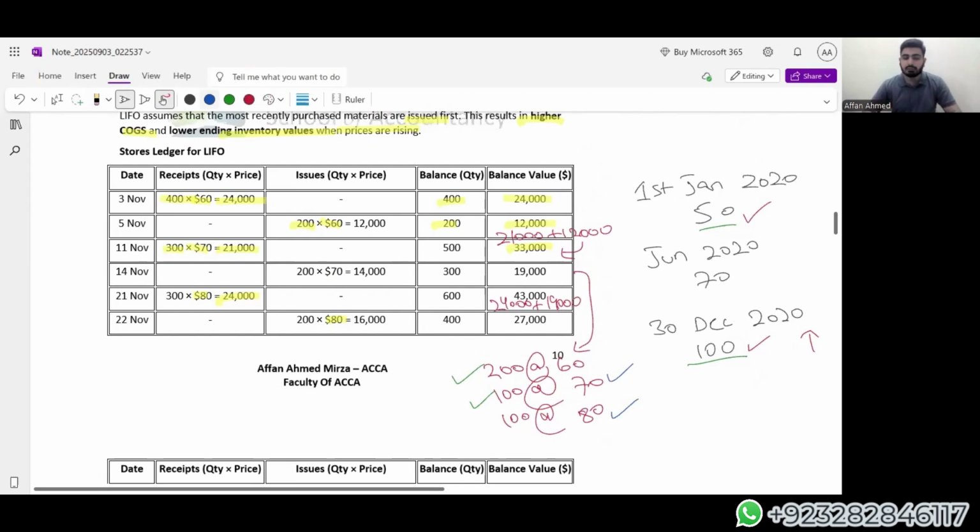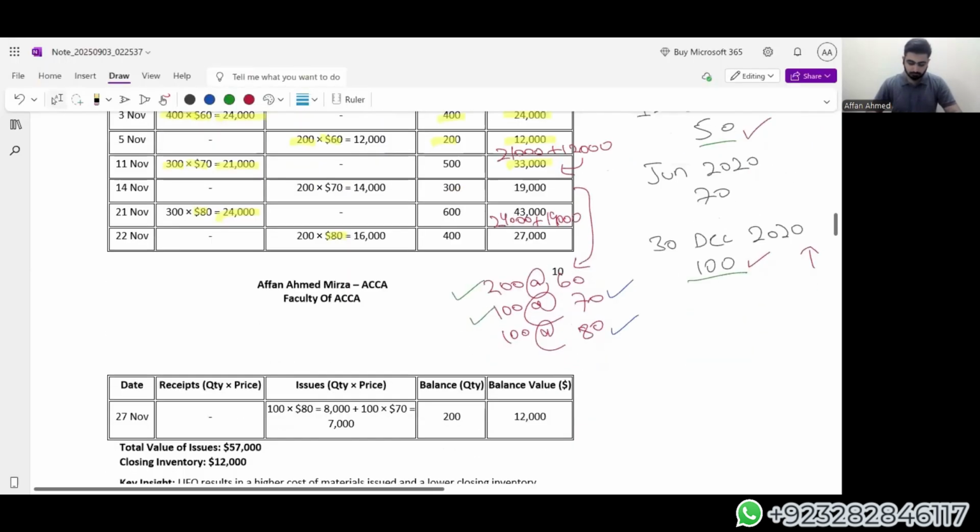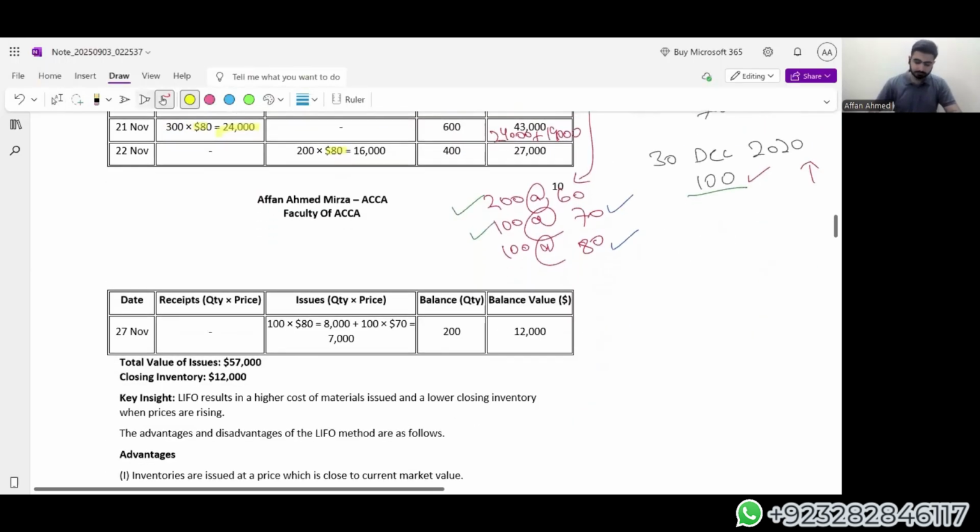So in that, we will be left with 200 into 60 inventory, and that will be our closing balance. So you can see here that we are giving 100 into 80, 8,000 plus 100 into 70, 7,000. So value is 15,000. If you're issuing 15,000 worth of inventory out of 27,000, 12,000 is left. So that is our closing balance of inventory.